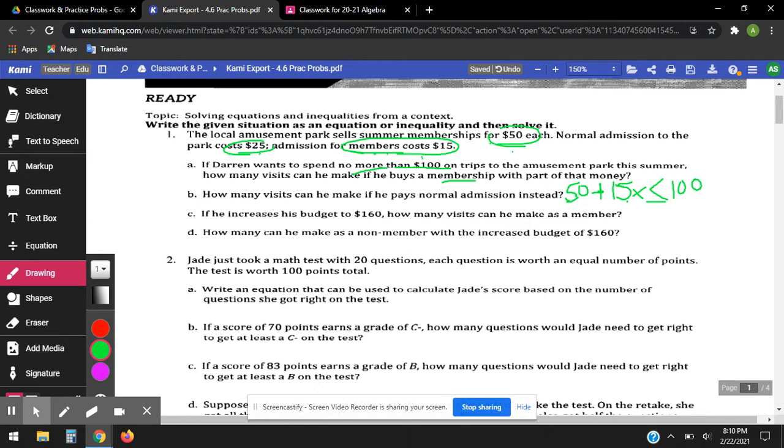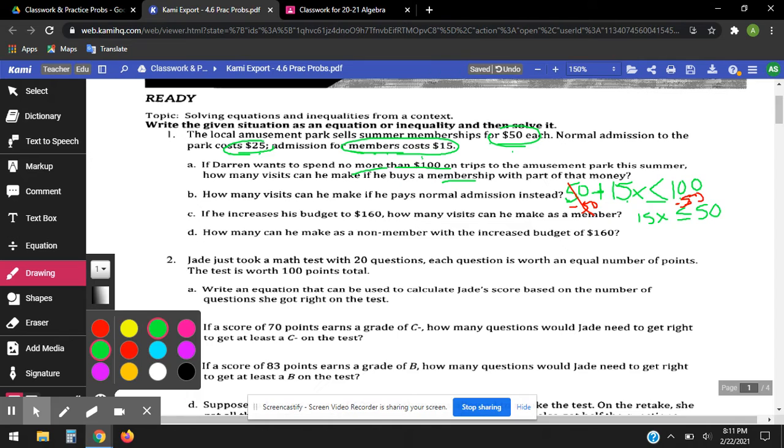So for here, we want to solve this. I'm going to subtract 50 from each side. We're going to run out of room, this little space here. Minus 50. This one cancels. And that gives us 15x is less than or equal to 50.